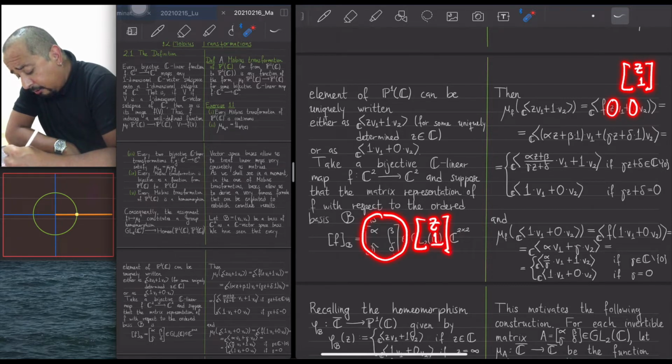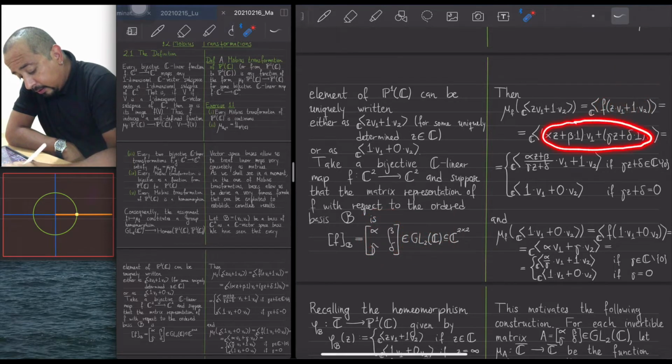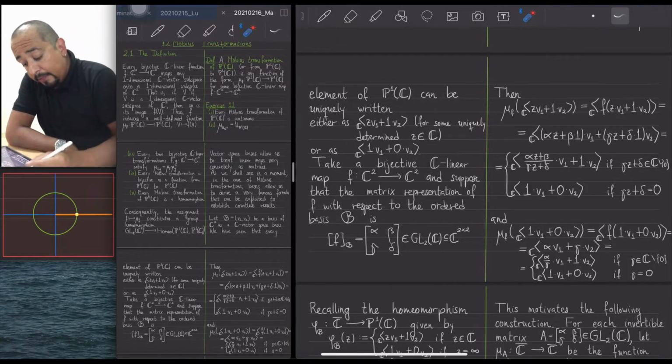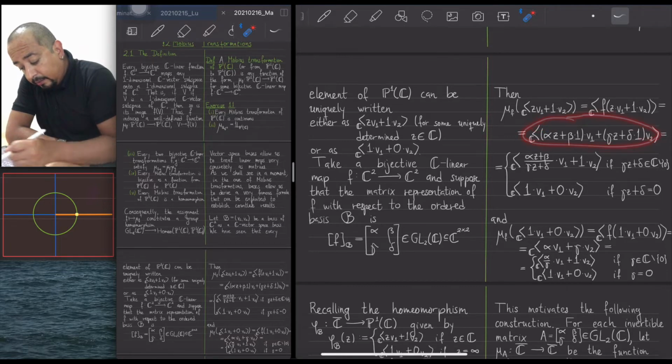And this is how we know that f of this vector is equal to this. Okay, and then at this point we stop and make a consideration similar to the one we did before, namely, we really want to write this in these terms.